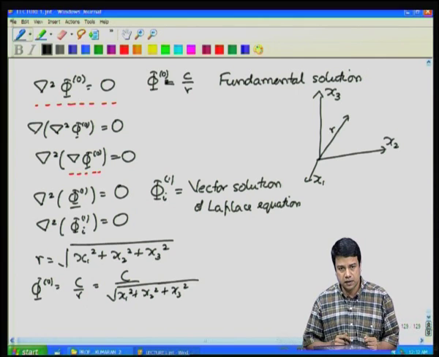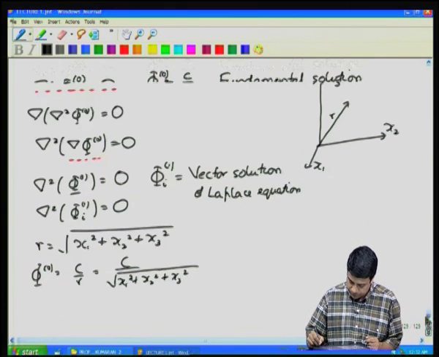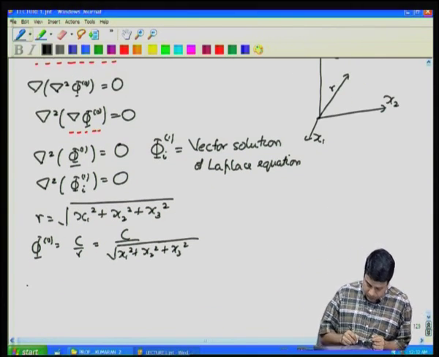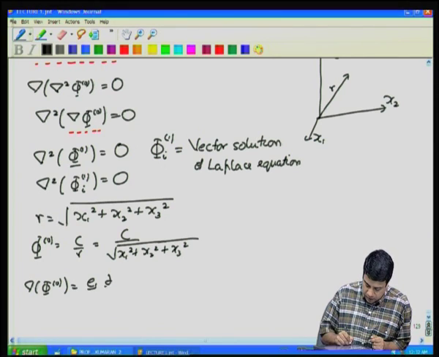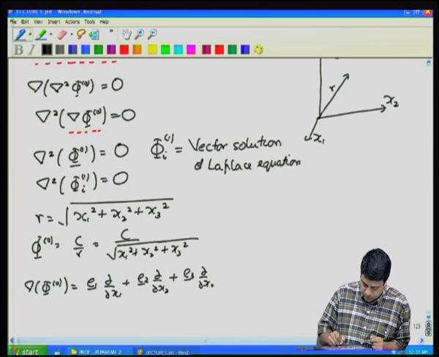And how do I take the gradient? Gradient of phi naught is equal to e1 d by dx1 of 1 over r.